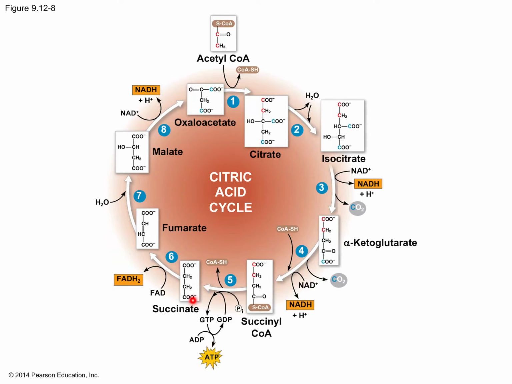All right, now we have this intermediate. Don't worry about the name, not important. But now in step 6, we have a molecule called FAD. Just think of it as another empty electron carrier molecule, oxidized electron carrier molecule, coming in, scooping up electrons and being reduced to FADH2. Those electrons go to the power plant step. All right.